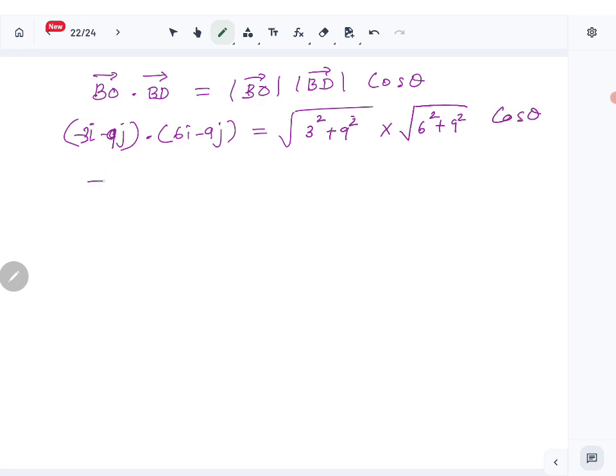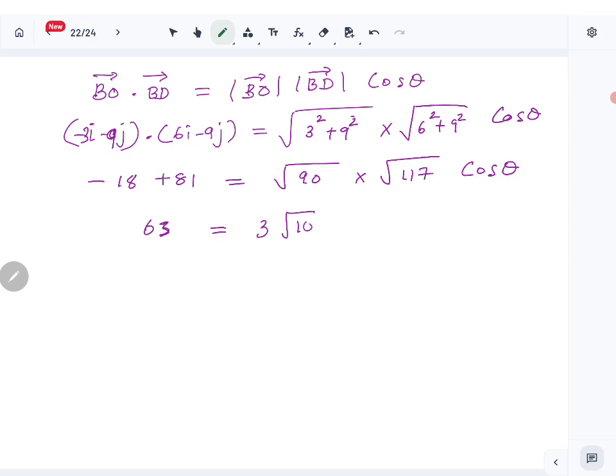So let's take the dot product. The i's multiply, you get minus 18. The j's multiply, you get 81. So 63 on this side, equals square root of 90 times square root of 117 into cos theta. 90 we can simplify into 9 into 10, so 3 root 10. 117 we can simplify into 9 into 13, so 3 root 13 cos theta.